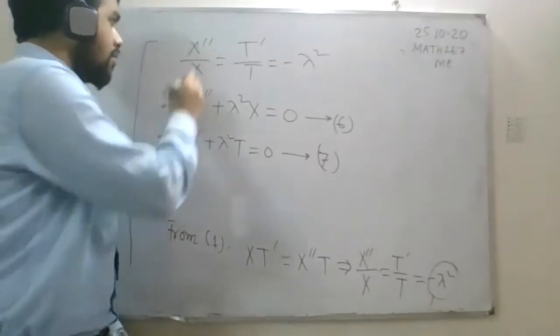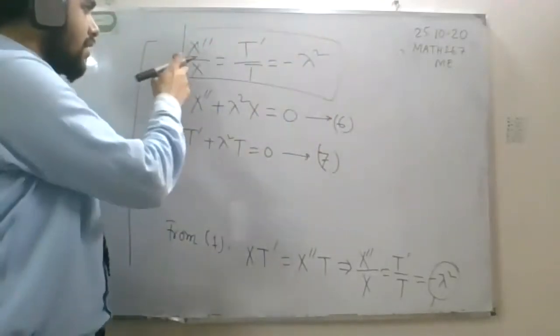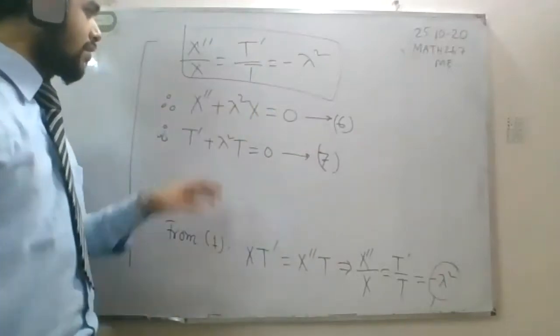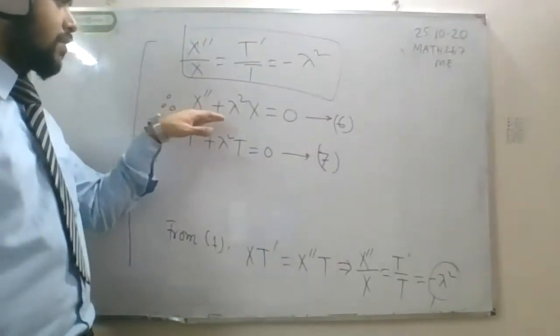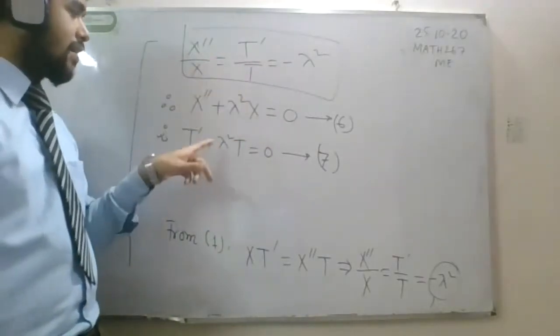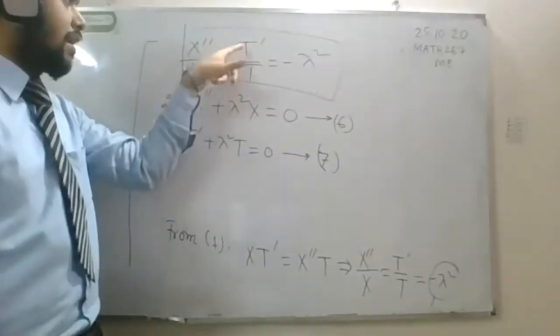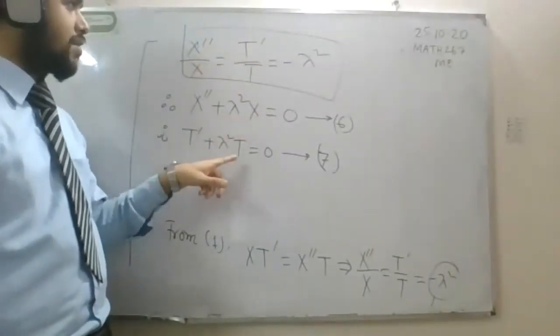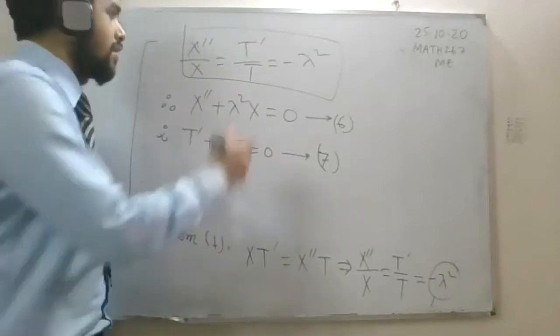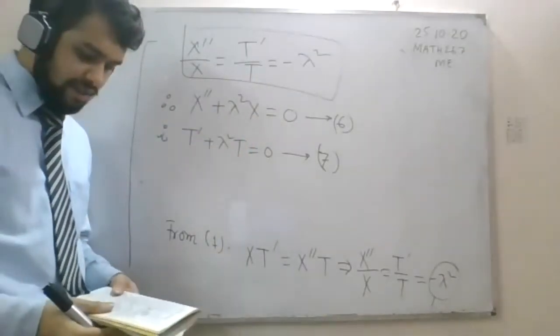From the fractions, the first and the third, you can get X double prime plus lambda square X equals 0, if you simplify. And for the other two terms, you can get T prime plus lambda square T equals 0. Now you can solve this kind of problem easily.